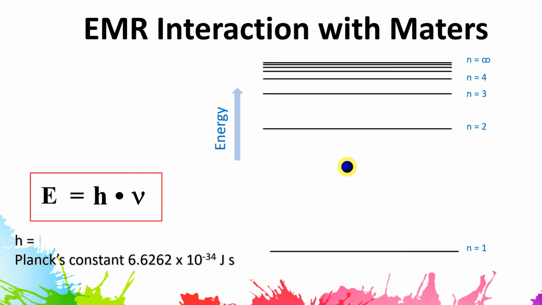It can go up by absorbing electromagnetic radiation, and go down by emitting electromagnetic radiation. That is what happens to an electron in an atom. So this emission and absorption of electromagnetic radiation will change the energy in atoms also.